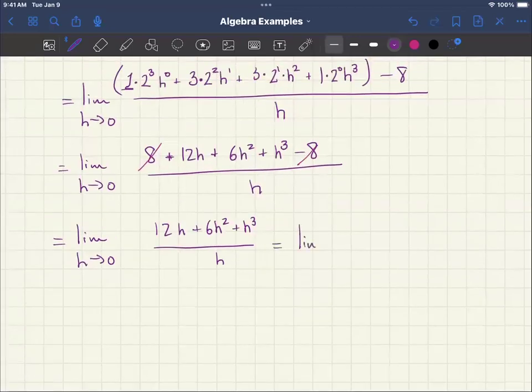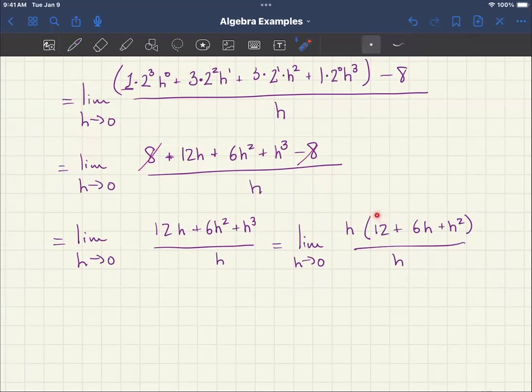So we get the limit as h goes to 0. Let's yank an h out. We have 12 plus 6h plus h squared. We can always double check and see what happens if we take that h and we distribute it back in. We'd get 12h plus 6h squared plus h cubed. Yep, we took it out in the right fashion.